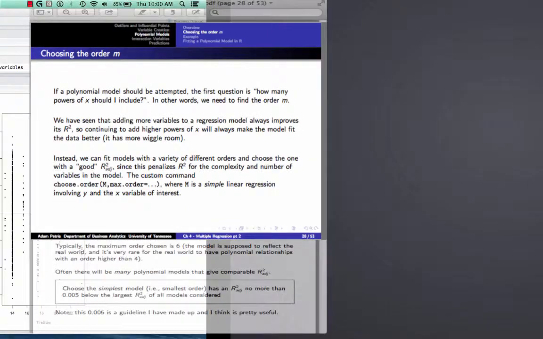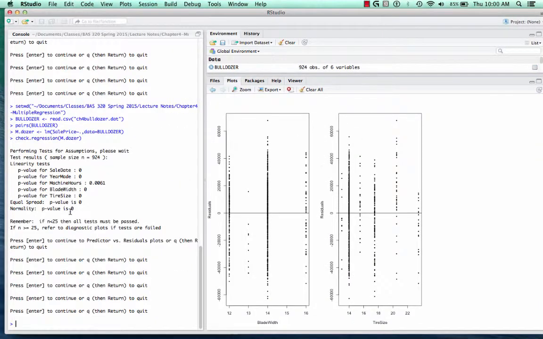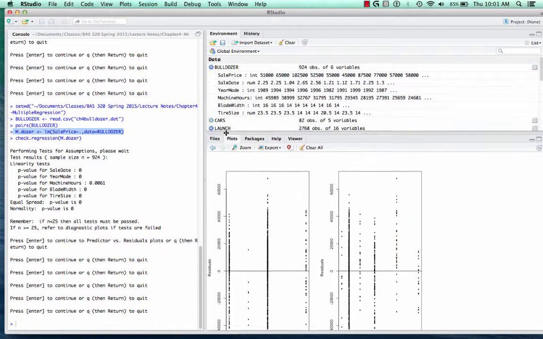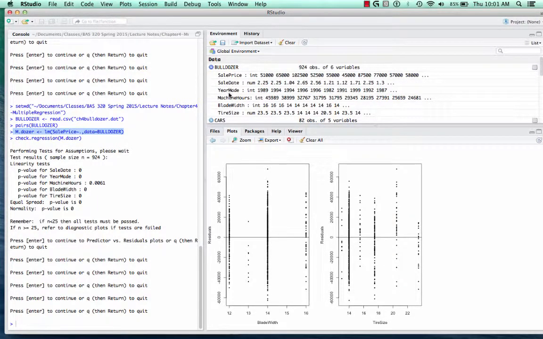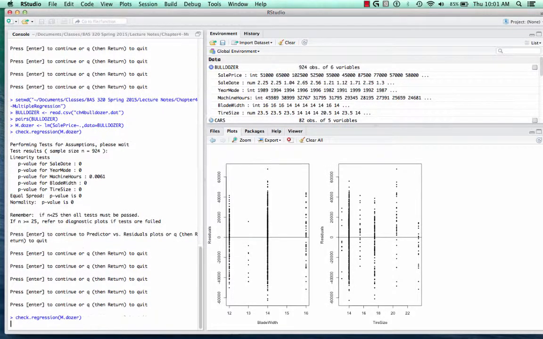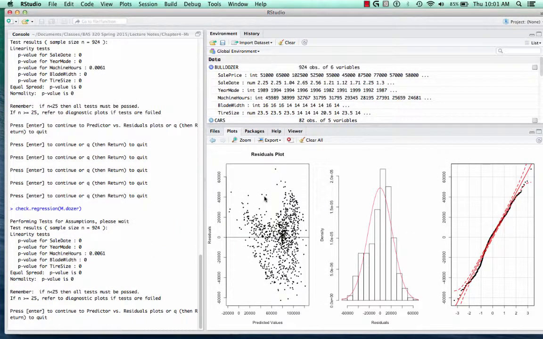So let's just look at some examples here. We've seen an example with the bulldozer data set. Here I've already fitted the bulldozer model predicting sale price from all the predictors in the data, the sale date, year made, machine hours, blade width, and tire size. And if I run check regression on the bulldozer model, I see a very tragic looking residuals plot.